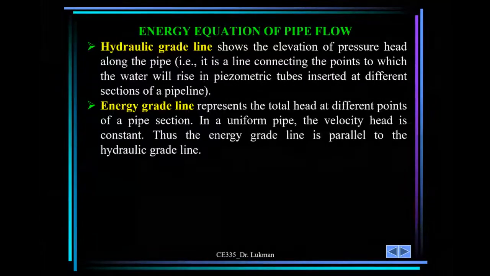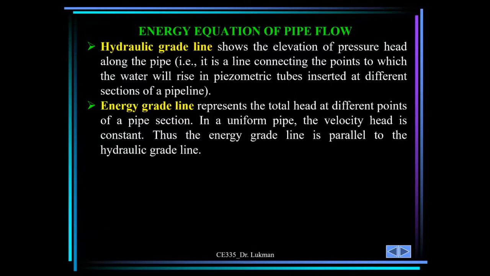Now, the energy grade line represents the total head at different points of a section. In a uniform pipe, the velocity head is constant. This I mentioned. Thus the energy grade line is parallel to the hydraulic grade line. That is in a uniform pipe. But if it is not uniform, once the velocity changes, the velocity head is going to change, because the velocity head is simply v squared over 2g.